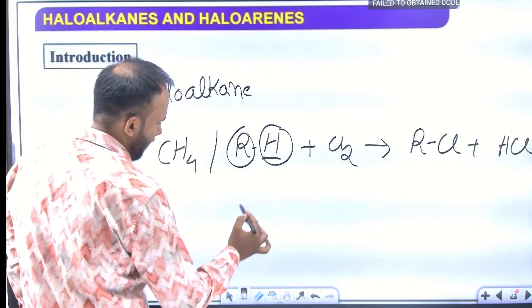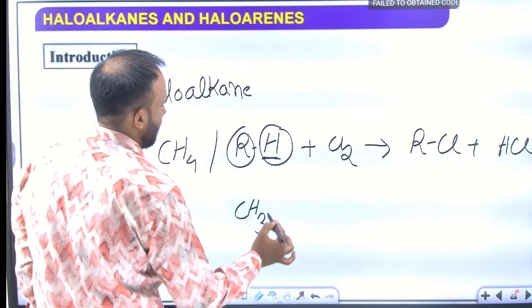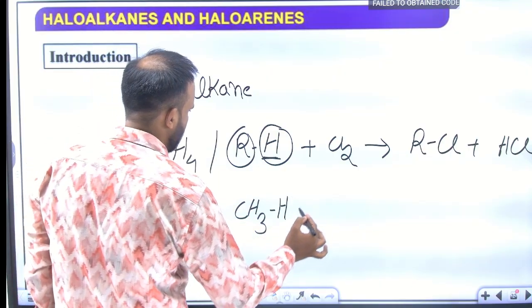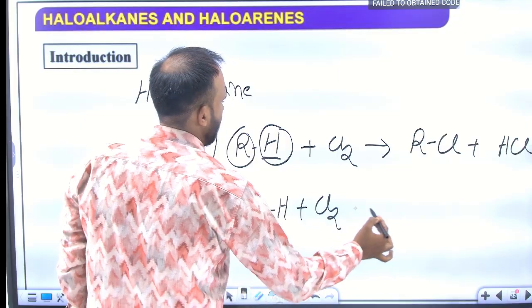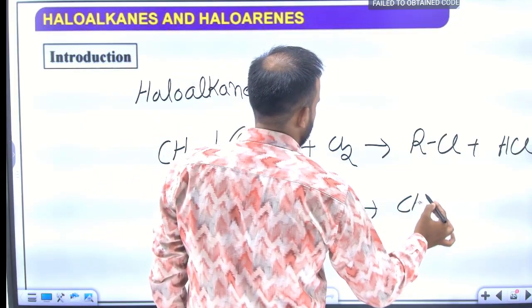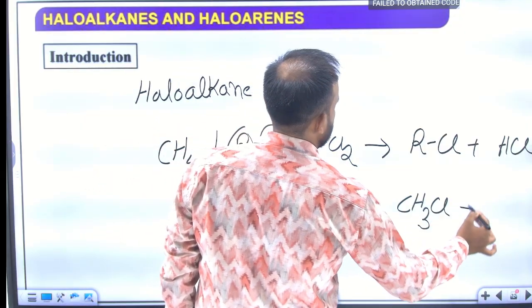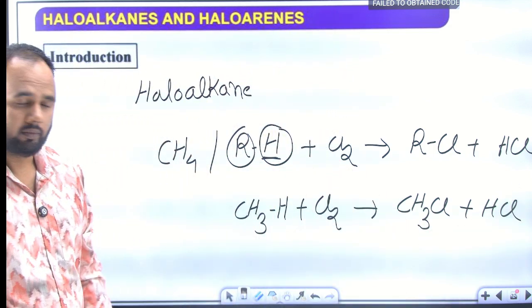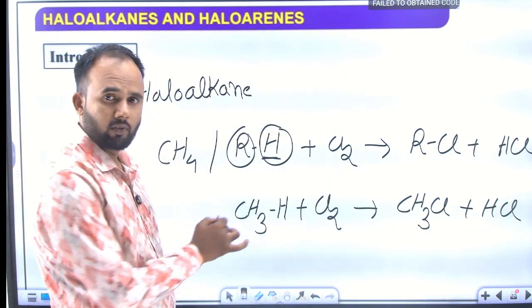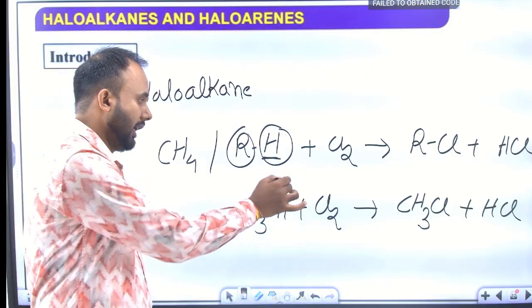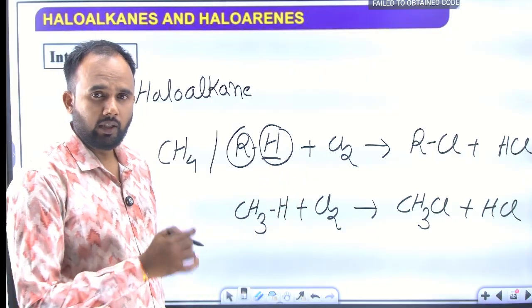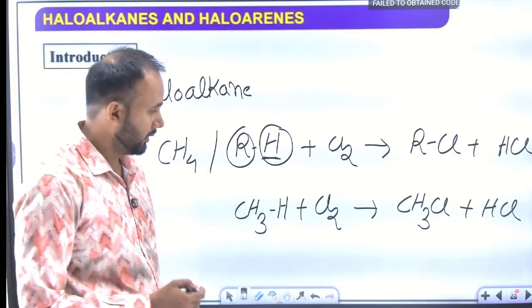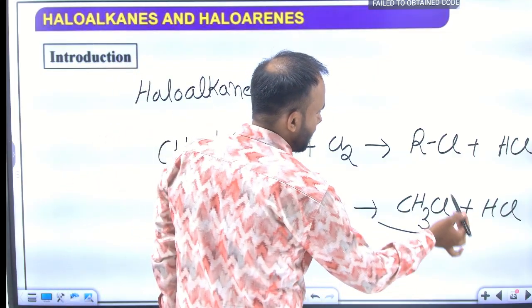If I take R as CH3, CH3H plus Cl2 gives us CH3Cl and HCl. So what we did here: we replaced one hydrogen from methane with the help of a halogen. Here I took the example of chlorine, so it converts into CH3Cl.